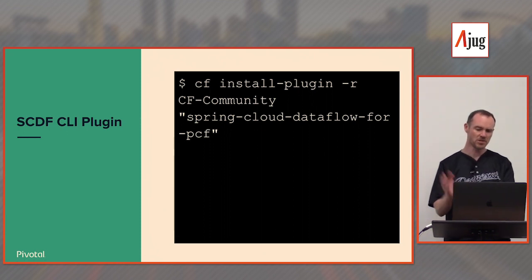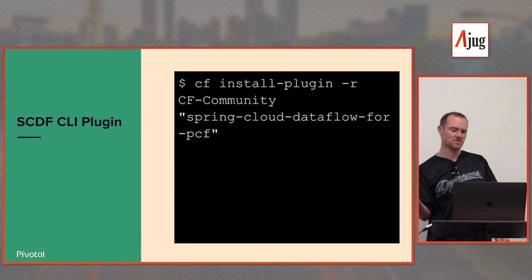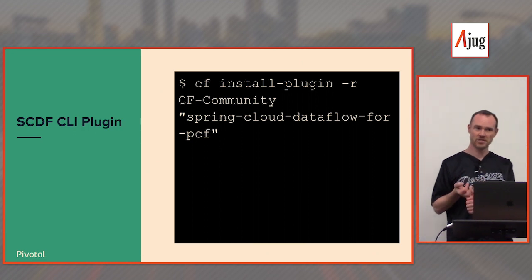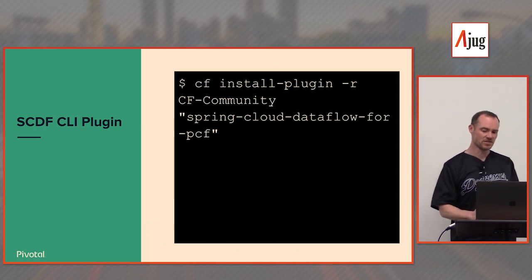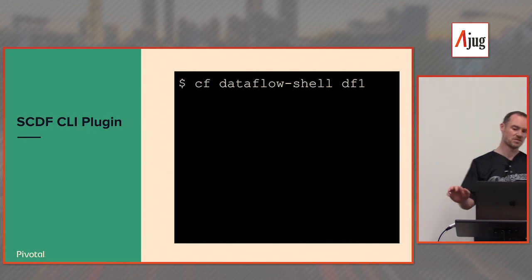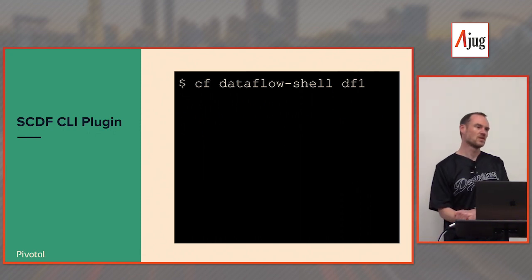What the plugin does for the CF CLI is that we have it so secured that it's really difficult to find both the URL and to get the OAuth token for getting to that backing app. We've written a plugin for the CF CLI so that all you have to do is do a CF dataflow shell and then connect to the deployed application.